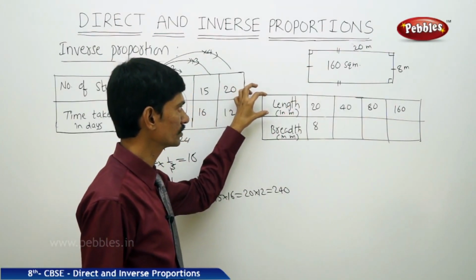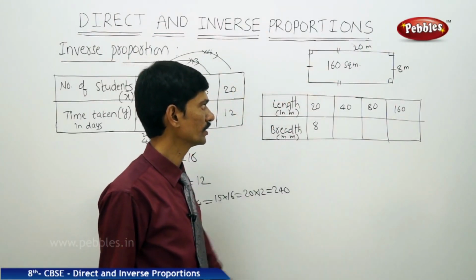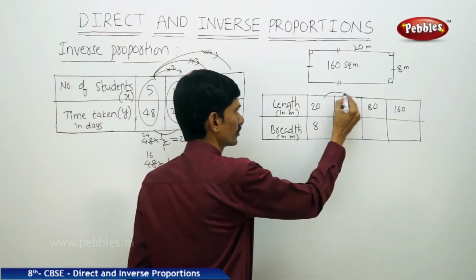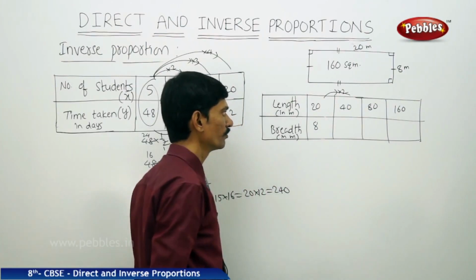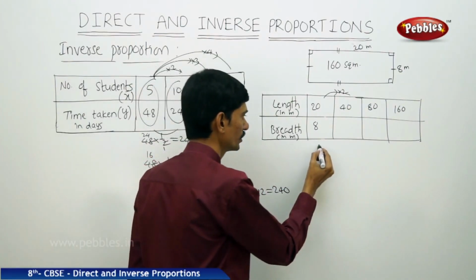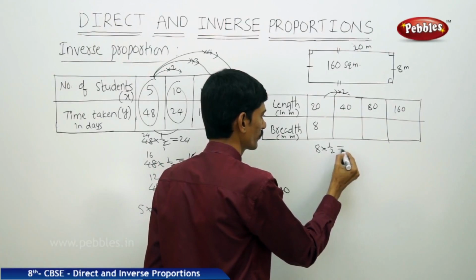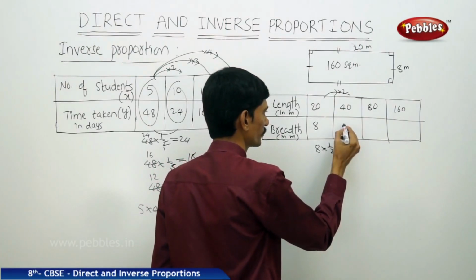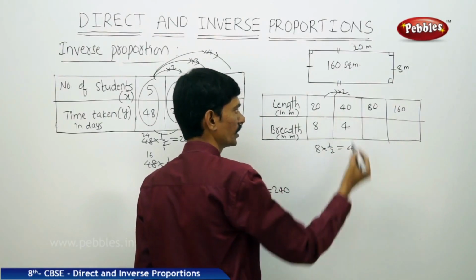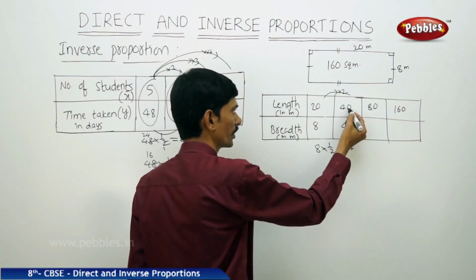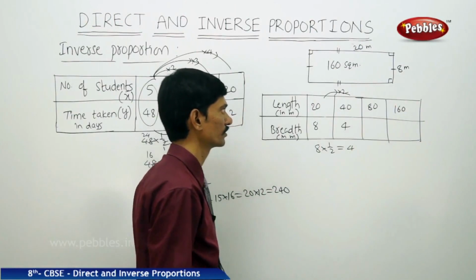Now if the length is increased twice, meaning multiplied by 2, then automatically the breadth will be half. So here 8 into half equals 4 meters. So we can write here 40 into 4. The area of the rectangle is length into breadth, so 40 into 4 is 160 square meters.